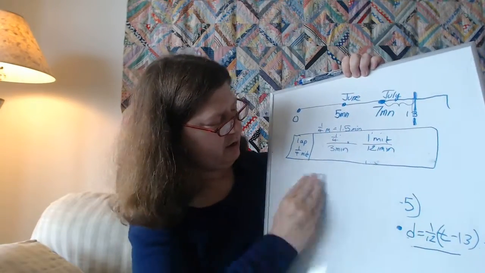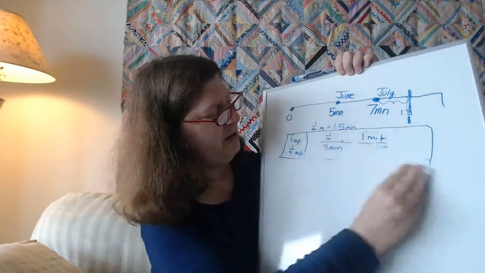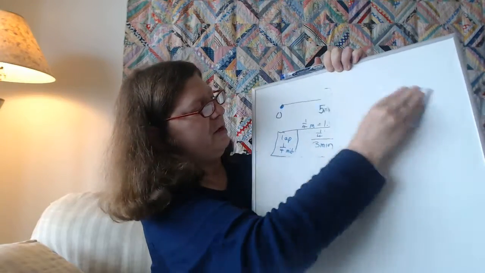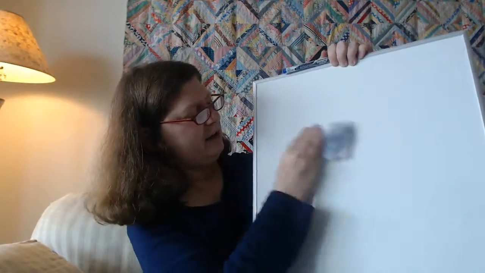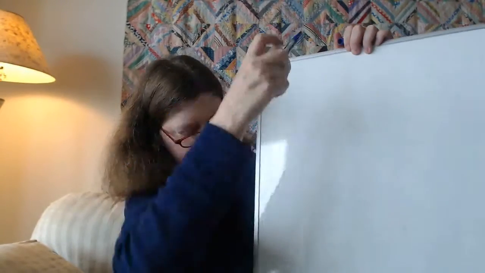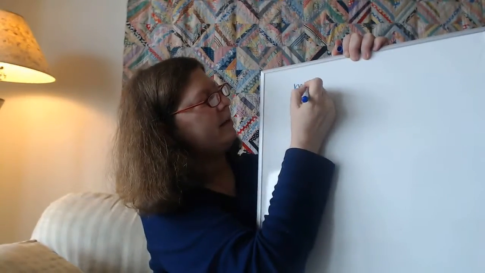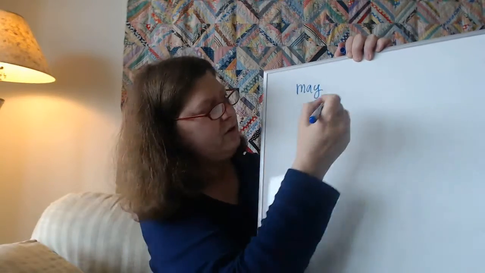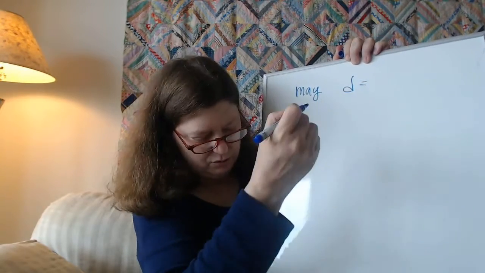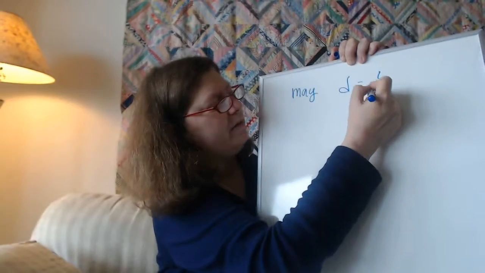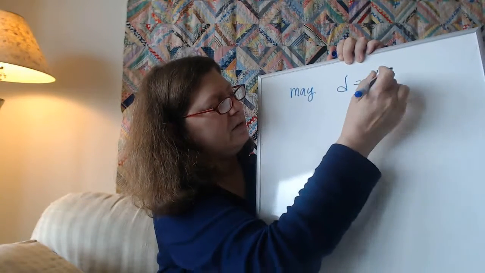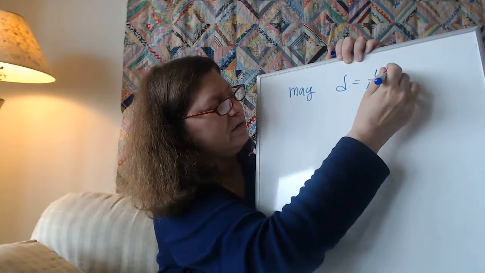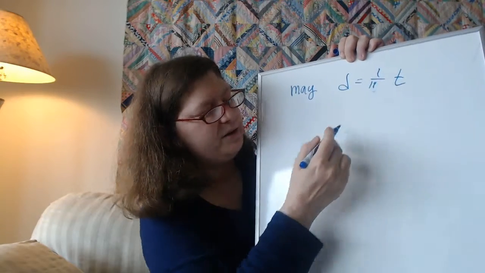We have our equations, right, which I'm going to put on the top of the board now and answer our questions. May is distance equals 1/11 t, which is 1 mile in 11 minutes.